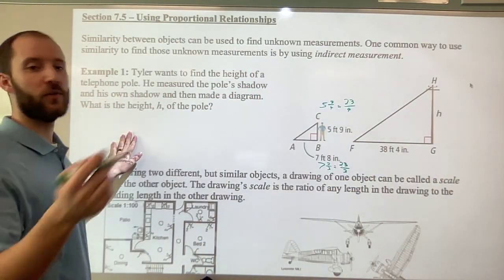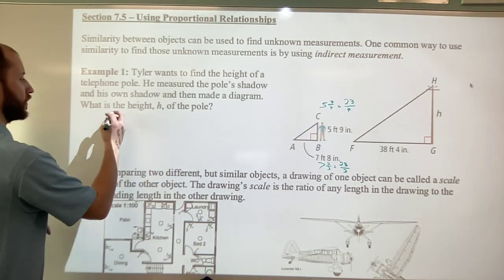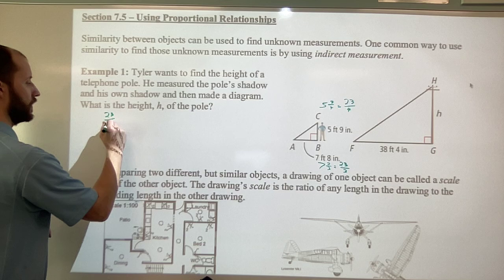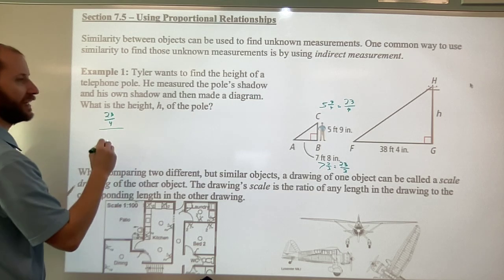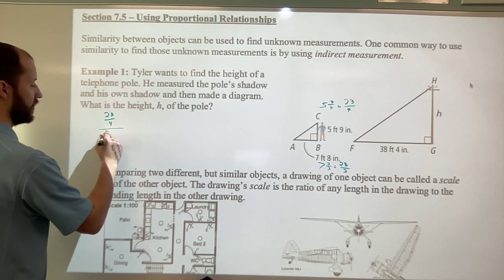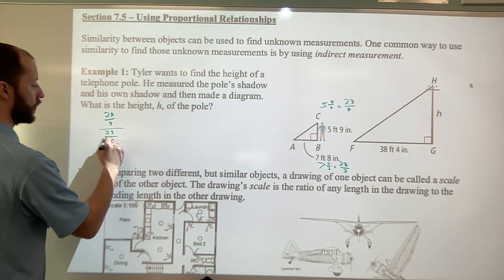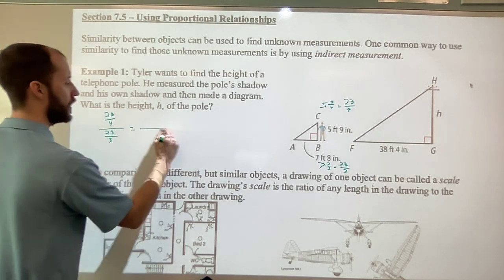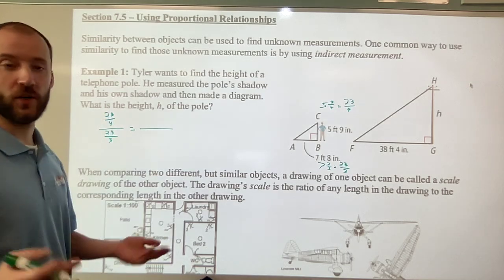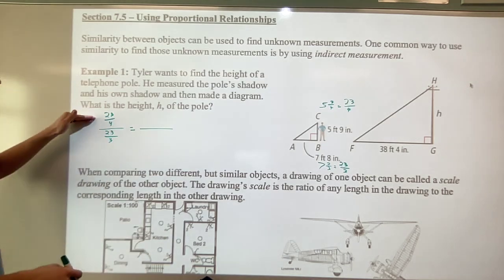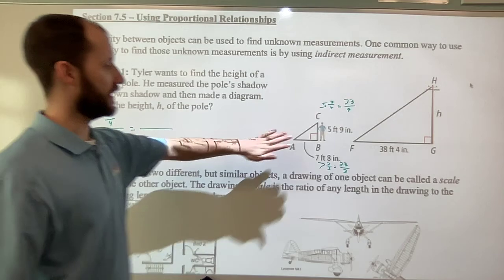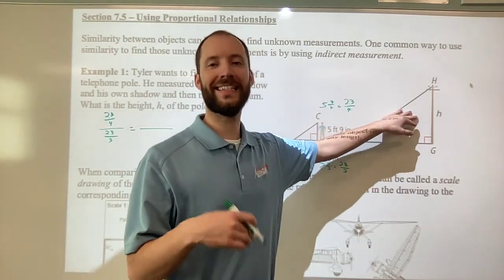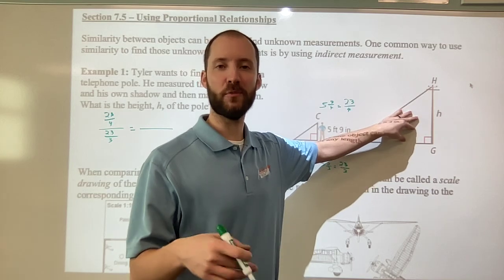So height over shadow, so 23/4, making a really big, ugly fraction, over 23/3, equaling my other ratio. So I'm doing height over shadow in this triangle. For this triangle, I want that consistency of the same ratio.